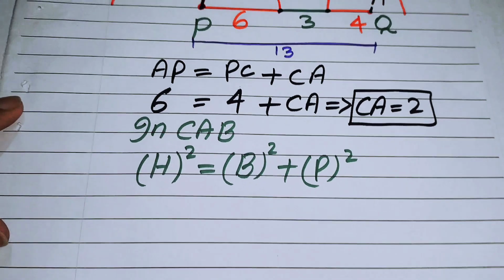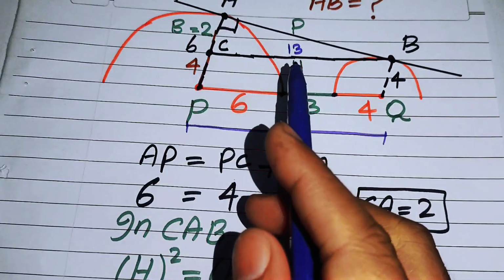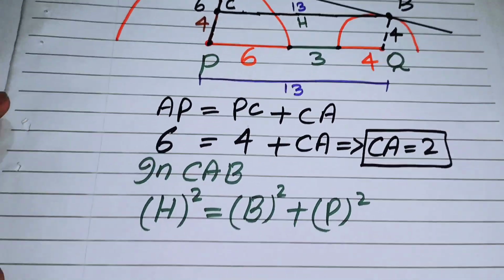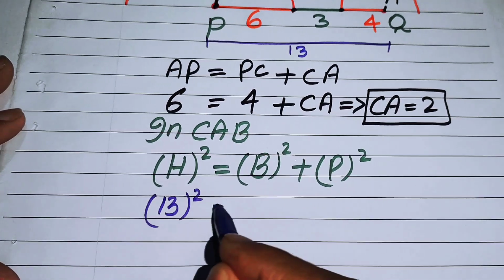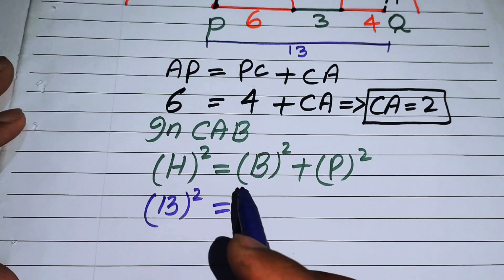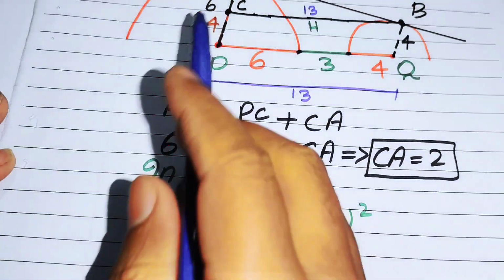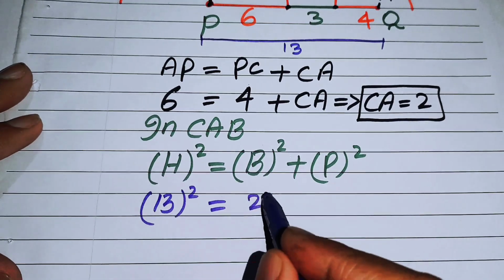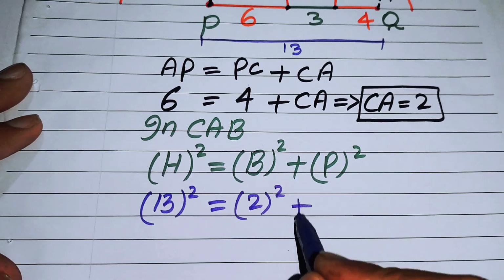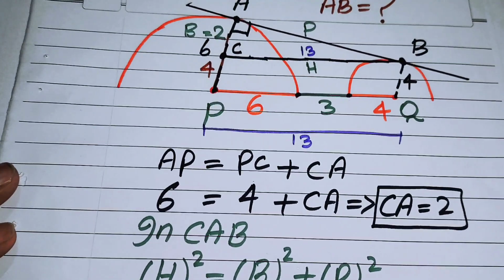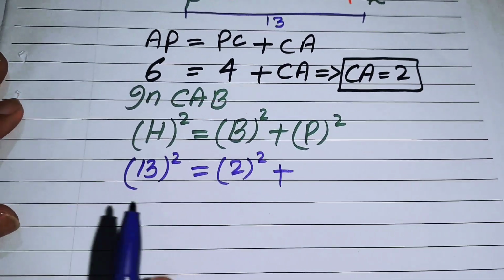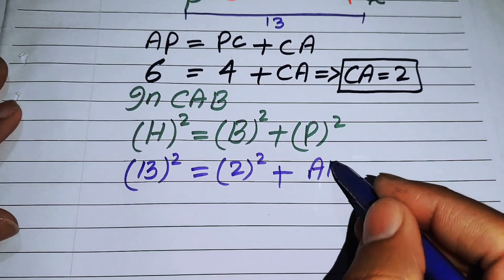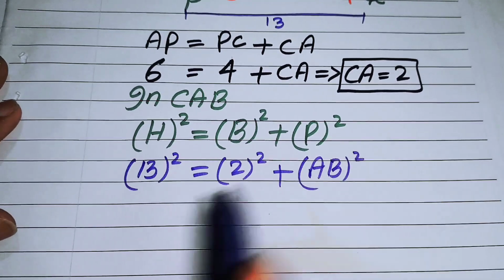We have the length of the hypotenuse as 13 units, so we substitute 13 squared, and our base is 2, so this is 2 squared, and our perpendicular is the tangential line AB, so AB squared.